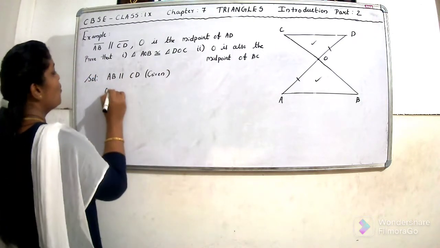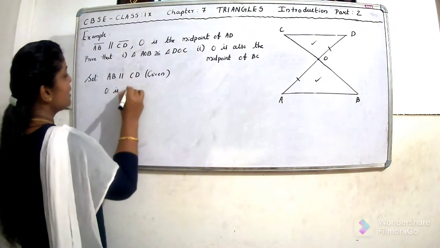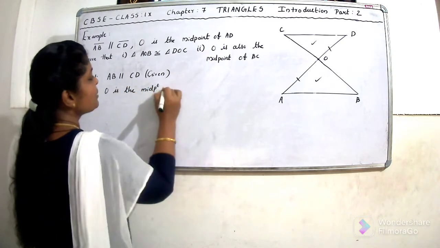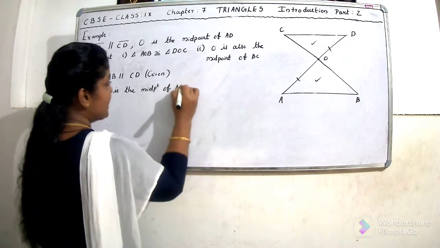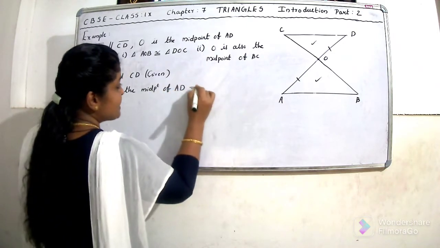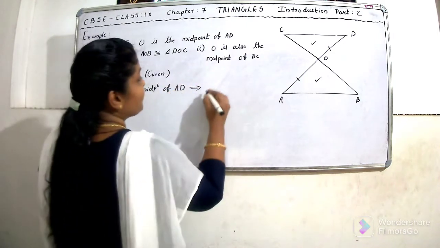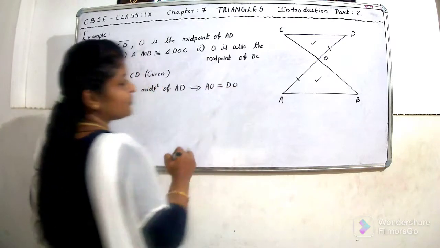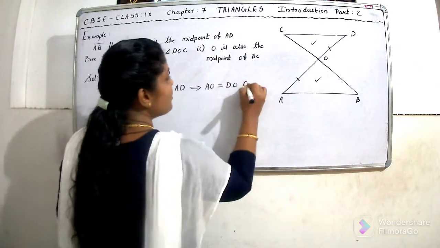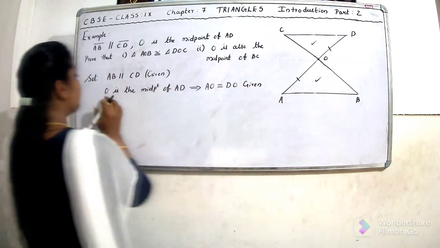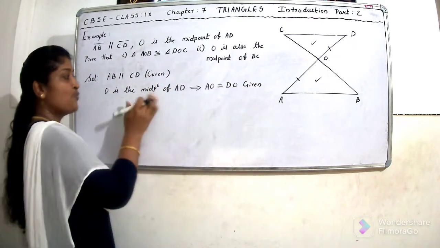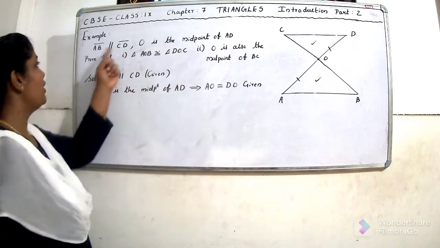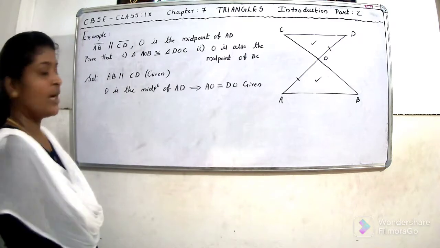Then O is the midpoint of AD, which means AO is equal to DO. This is also given, because they gave this statement, so from this we understand this. Is any other information given? No, only two pieces of information are given. Now let us start the proof.